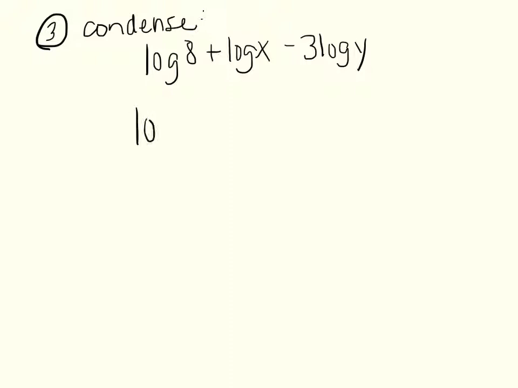We know we're going to have a log, and our base is just going to be 10. We're going to condense all of this into one set of parentheses. So here we have 8 plus x, so log 8 plus log x. That plus is going to turn into a multiplication, so we'll have 8 times x. So we're going to have an 8x. Here we have a minus. That minus is going to be division inside when we condense.